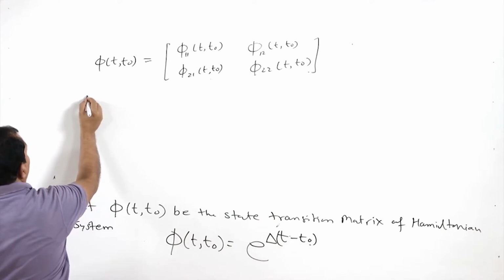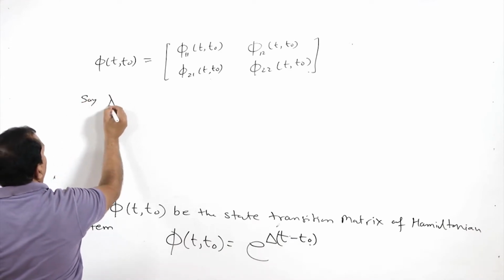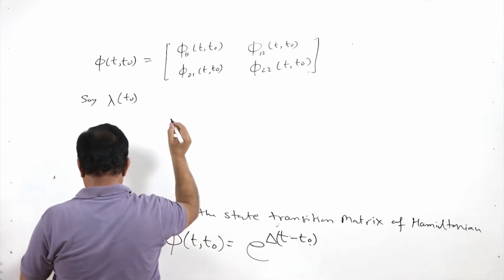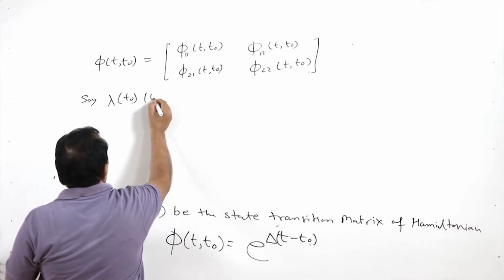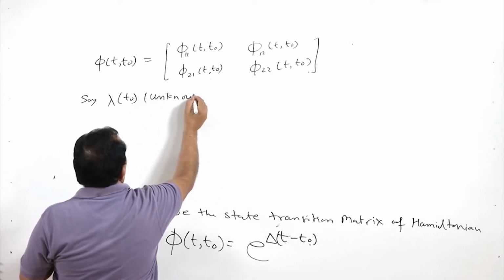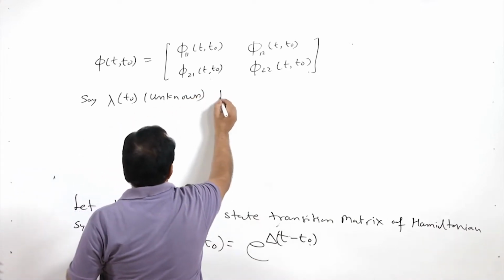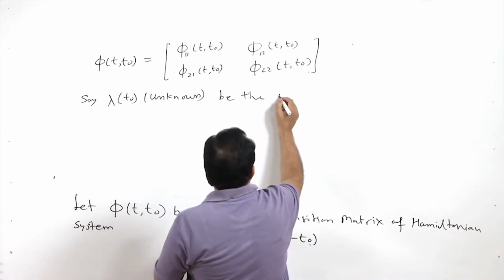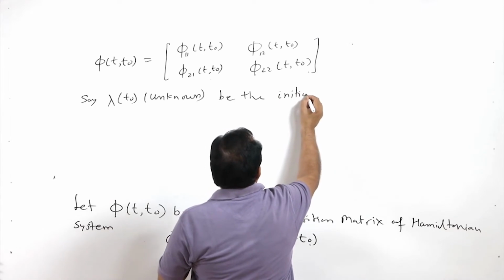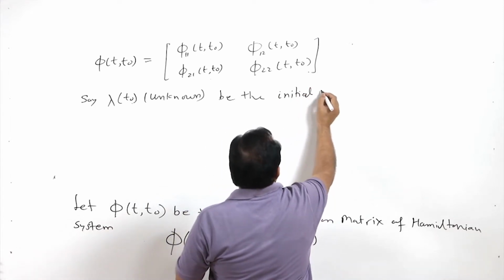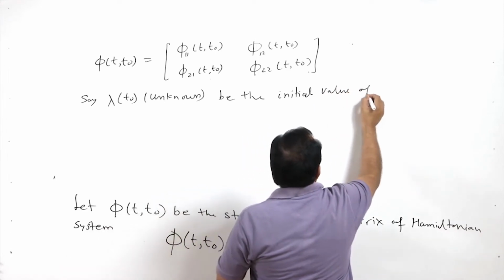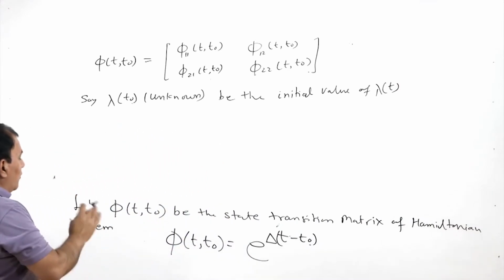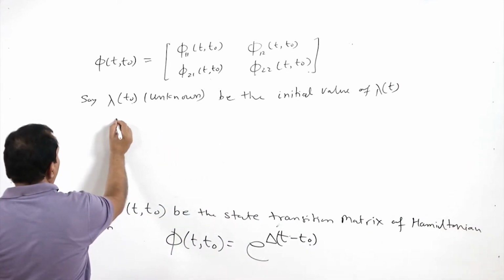Now, say lambda(t0), which is unknown, is the initial value of lambda(t). So, what can we write as the solution for the Hamiltonian system?